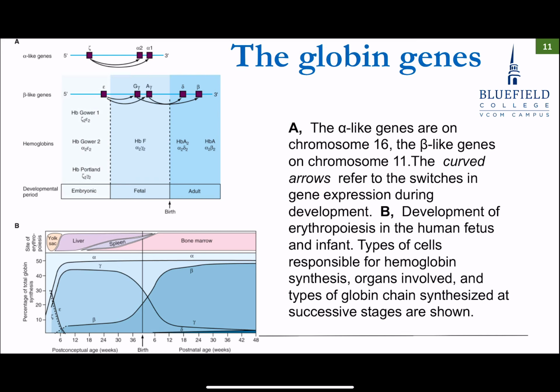Gamma is first predominant during gestation, and then it drops dramatically after birth, and beta slowly increases through development, and then it predominates in postnatal age. So those are the main things that you want to remember.